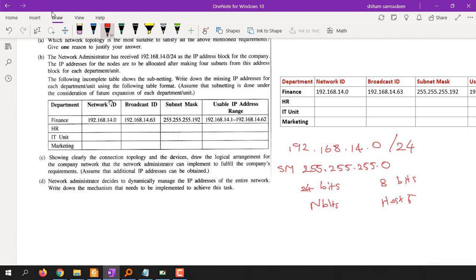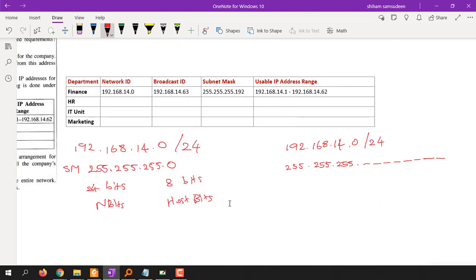Host bits. So we have 24 network bits and 8 host bits. We need to create 4 subnets for these 4 departments.